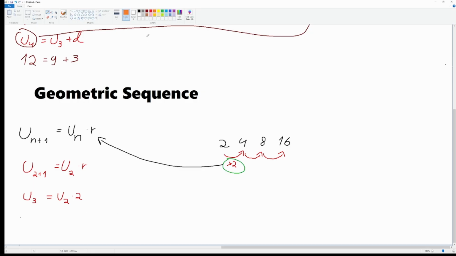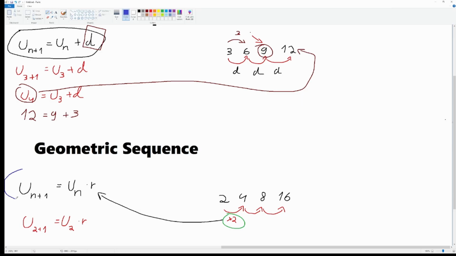So let's put it into perspective as well: we know that our u3 is 8, our u2 is 4, and times 2, and as you can see clearly that's correct. And both of these formulas, you can use to understand your next part of the sequence.